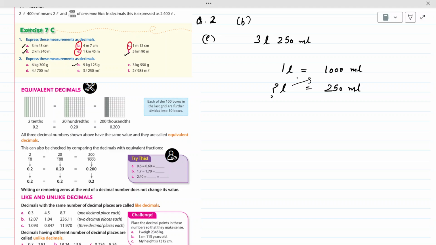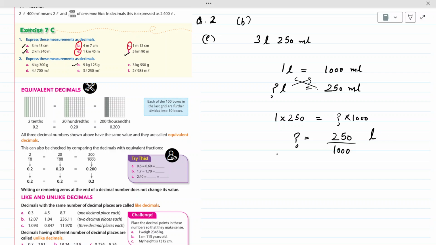So let's do the cross multiplication. 1 into 250 is equivalent to question mark into 1000, and the value of question mark will become 250 divided by 1000, because this is in multiplication, it will move across the equal to sign and convert into division. So here it will be 250 by 1000 liters.